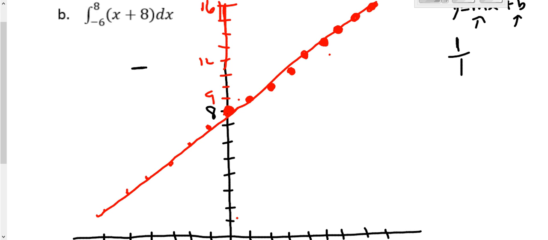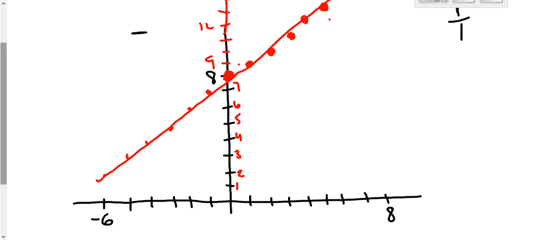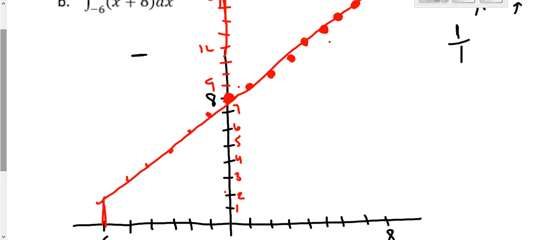So this is 1, 2, 3, 4, 5, 6, 7, there's 8. So this is at -1, -2, -3, -4, -5, -6. And that's at 2. So there it is. So we are looking from here to here. Huge graph. Okay.